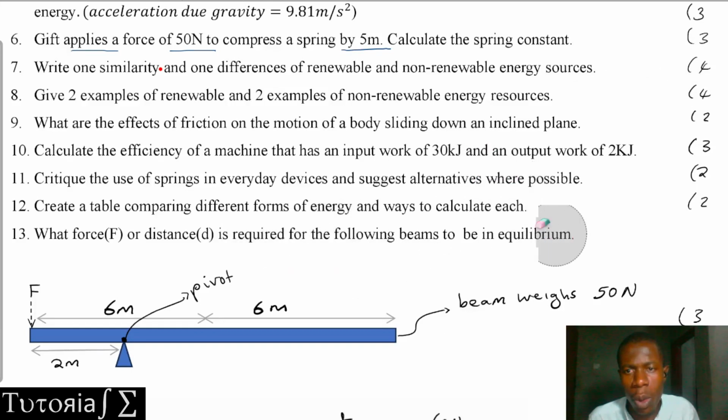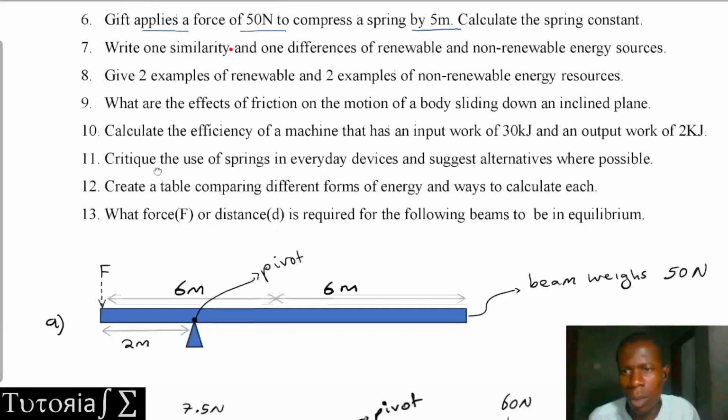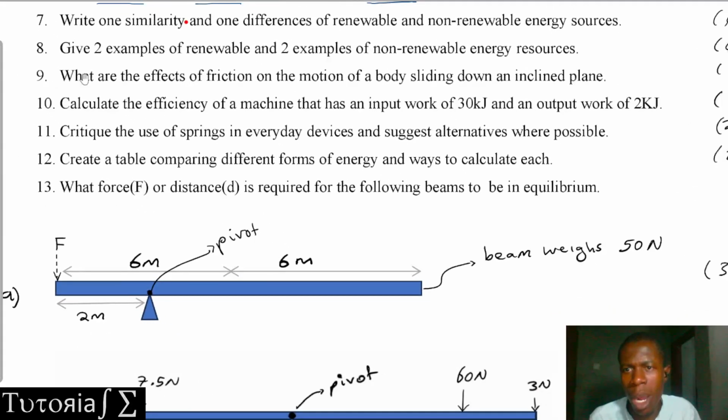Okay, so we go to question 7. Write one similarity and one difference between renewable and non-renewable energy sources.